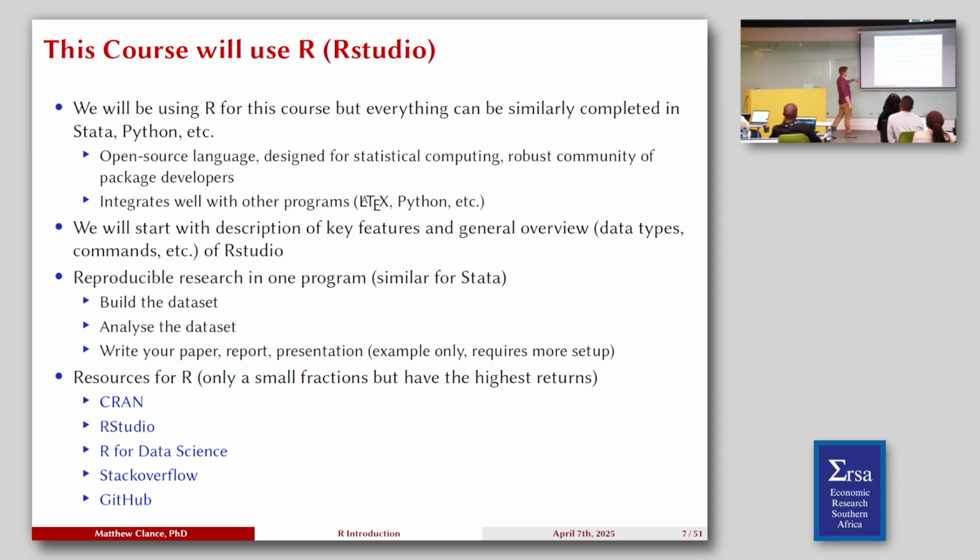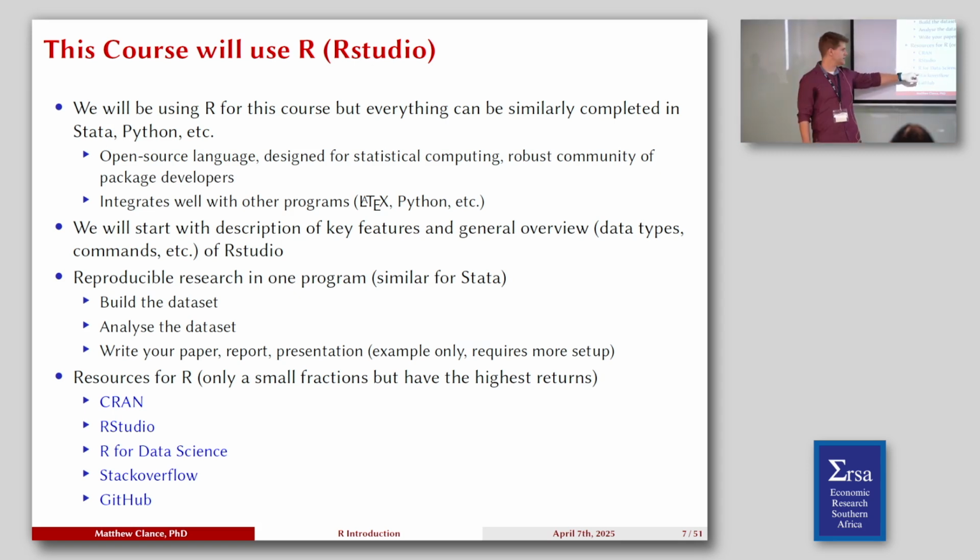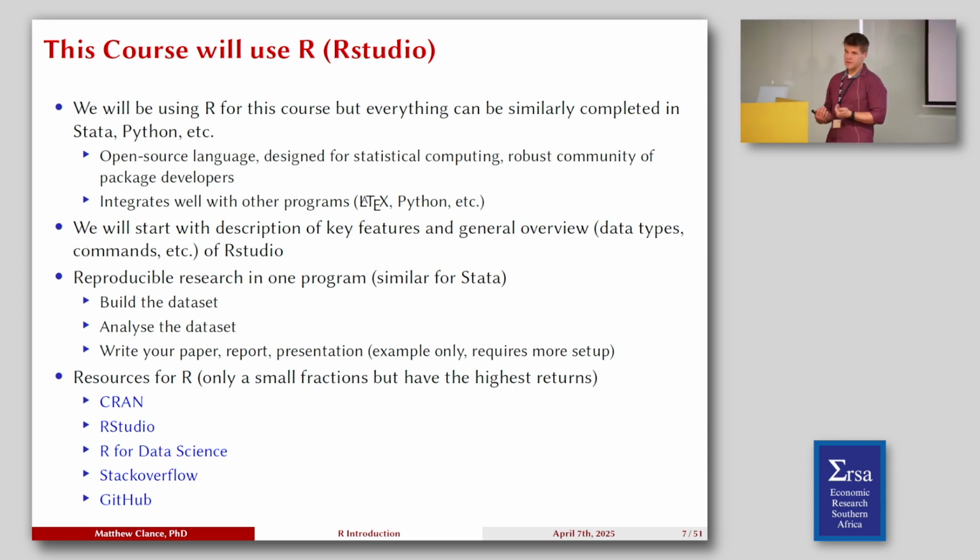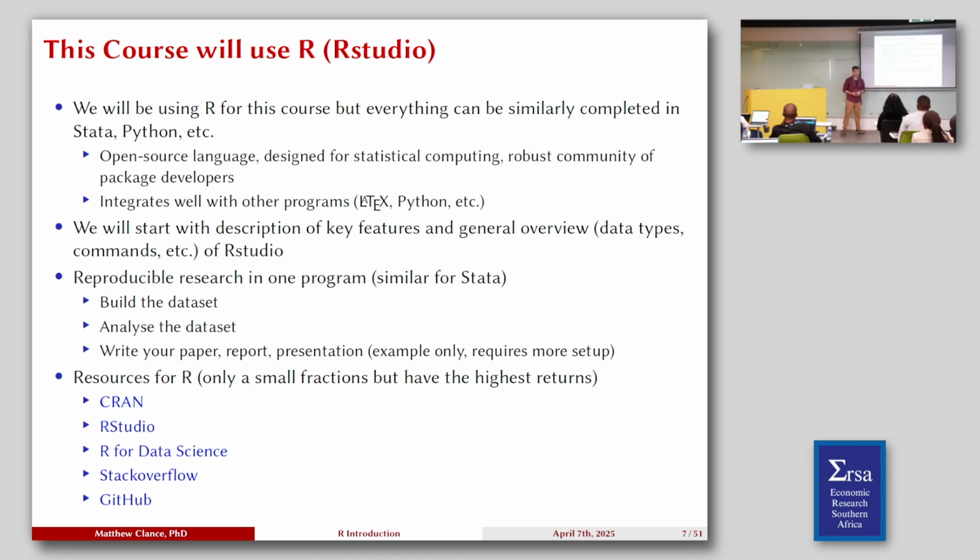Then we have a lot of different R resources here. So CRAN is probably the standard. I should have put Posit here and not RStudio. There's also R for Data Science, which is an entire book that goes through all types of situations. Stack Overflow is a very good one for errors and things like that. And GitHub would most likely be primary for a lot of you when it comes to papers that are being produced.